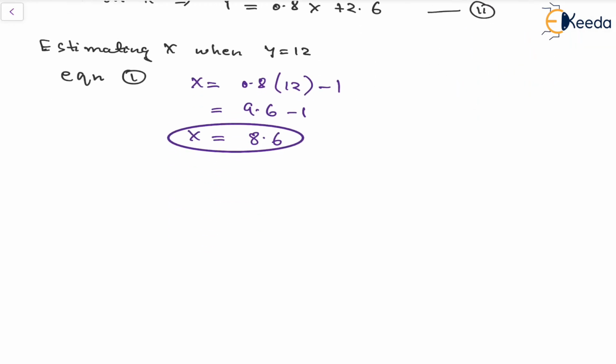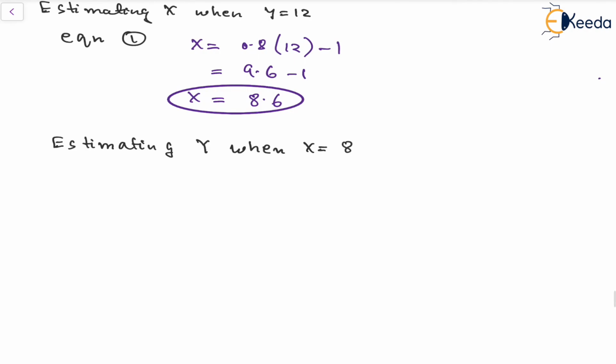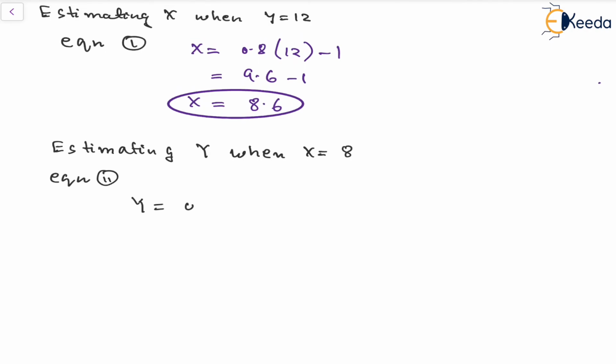Also, estimating y when x is equal to 8, we will have, using equation 2, y equal to 0.8 times 8 plus 2.6.